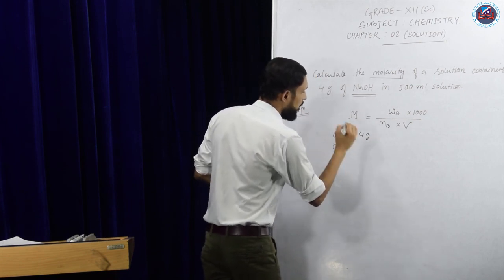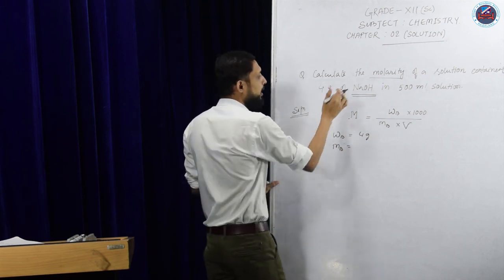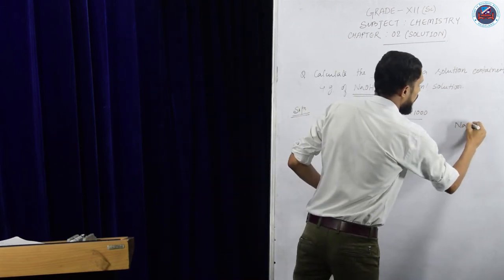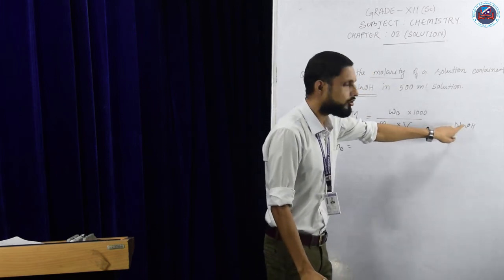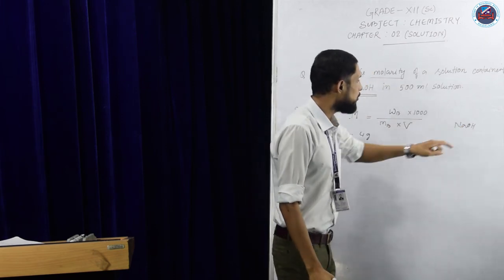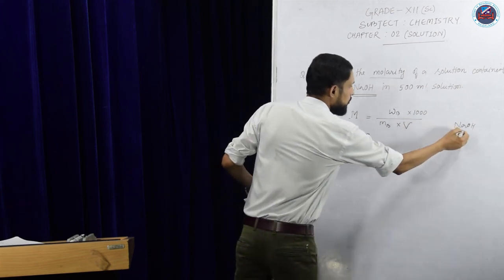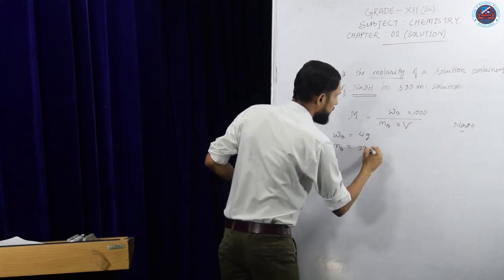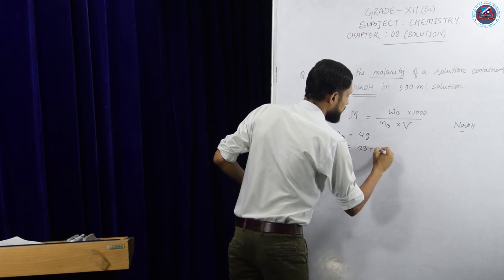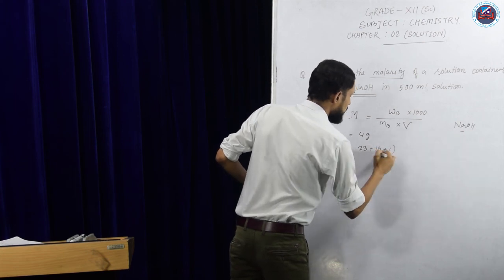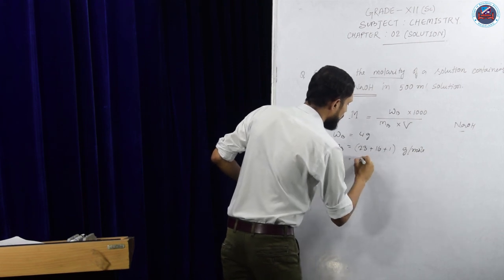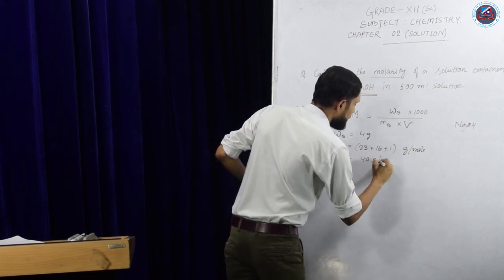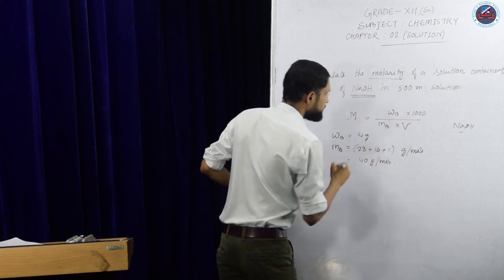MB, that is molar mass of solute. Since the formula is given, that is NaOH, we can easily calculate the molar mass from the formula. So we know sodium atomic mass is 23, plus oxygen is 16, hydrogen is 1 gram per mole. So the molar mass of NaOH is 40 gram per mole.